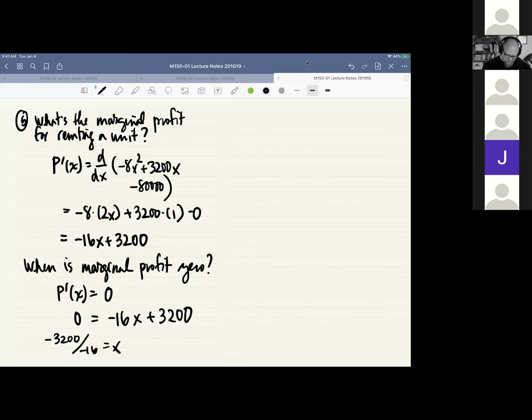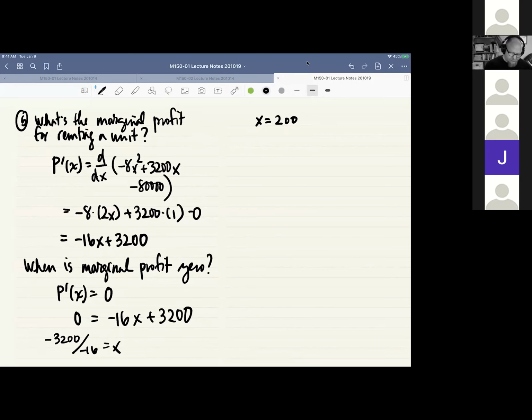And it looks like we get x equals 200. So renting 200 apartments is where we don't get any additional profit from renting another unit.